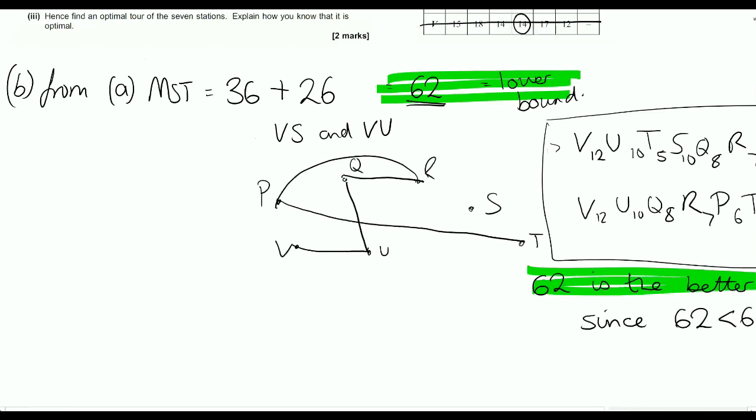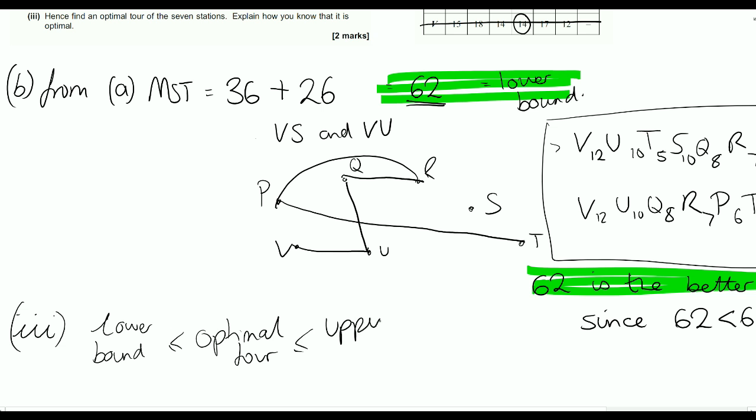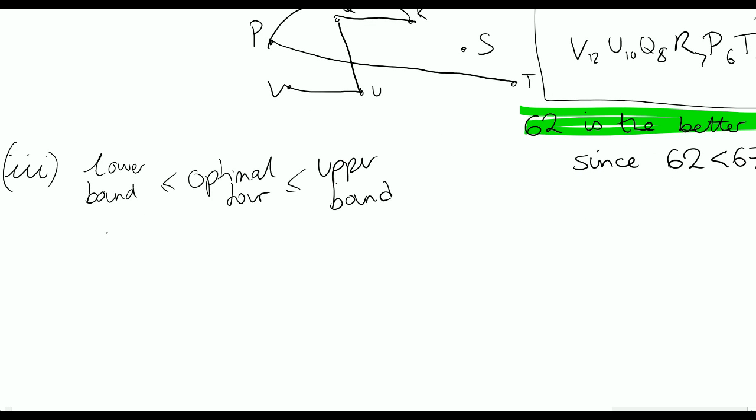So what we're going to say for part 3 is that if we have our inequality, which is the lower bound less than or equal to the optimal tour, less than or equal to the upper bound, and then substitute 62 for both of these, we can say that 62 is the optimal tour.